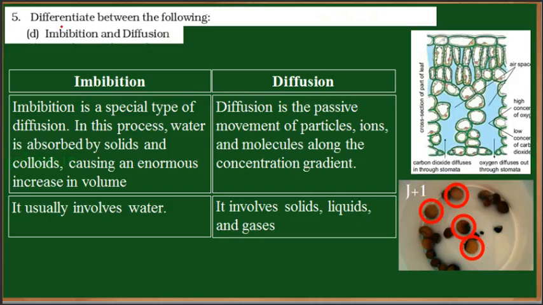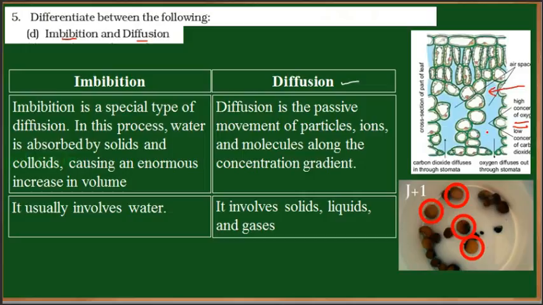So let's learn the next difference between imbibition and diffusion. So we learned diffusion earlier. Diffusion means it is a movement of molecules from its higher concentration to lower concentration. So if the molecule is more outside, it diffuses inside. Like for example here, the oxygen concentration is more outside, so it enters inside the leaf.